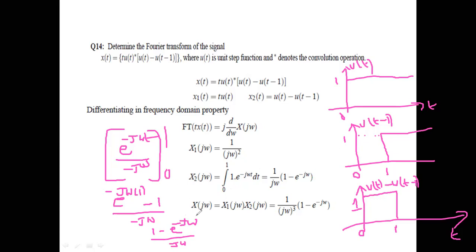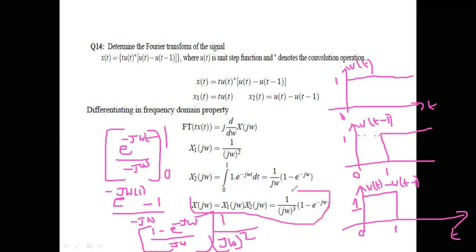Now you can multiply the two functions. What we got is x1 of omega and x2 of omega: 1 by j omega whole square, and the denominator is j omega whole cube into 1 minus e power minus j omega.